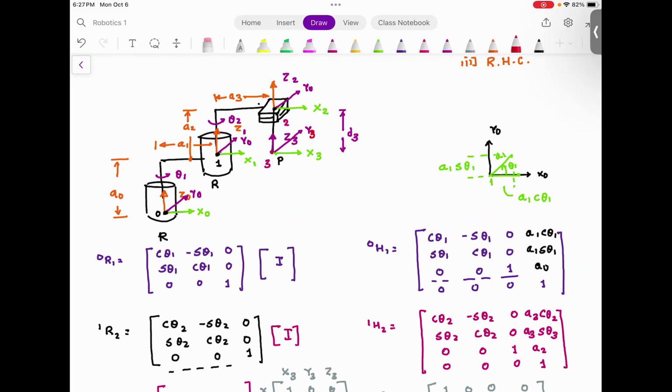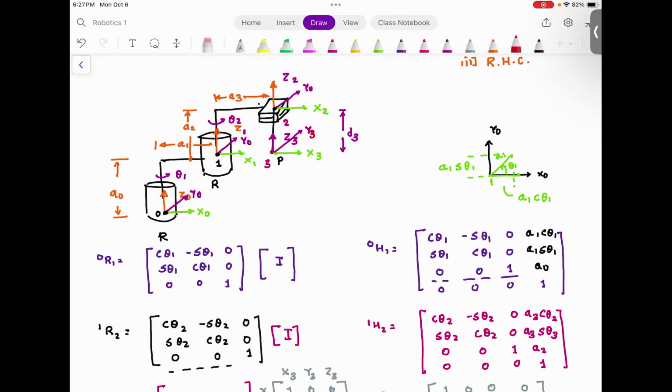You agree with me? So this will be minus d3. Everyone understood this? Any question about this transformation?